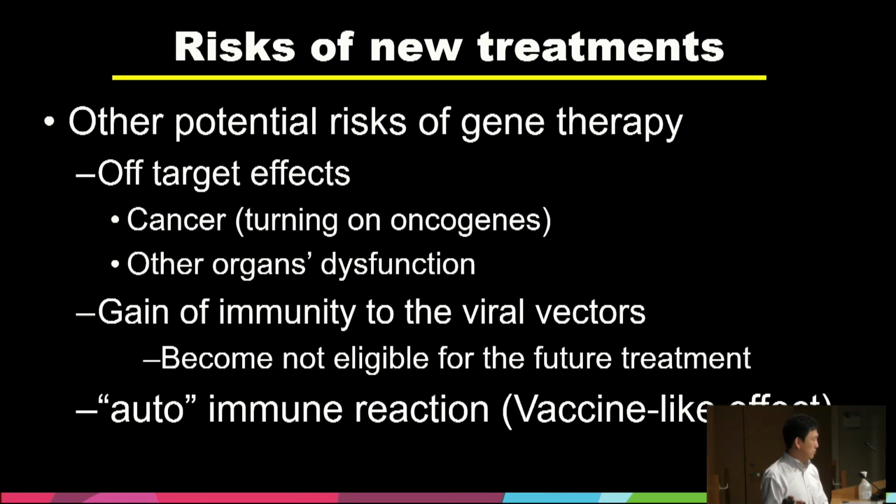Also, you are targeting the liver, but the virus can go all over the body, so it can have unknown or unexpected effects on other organs, like the thyroid or adrenal gland, or unknown organs.